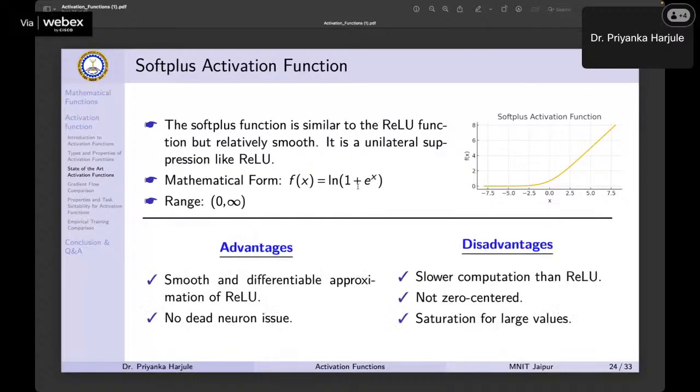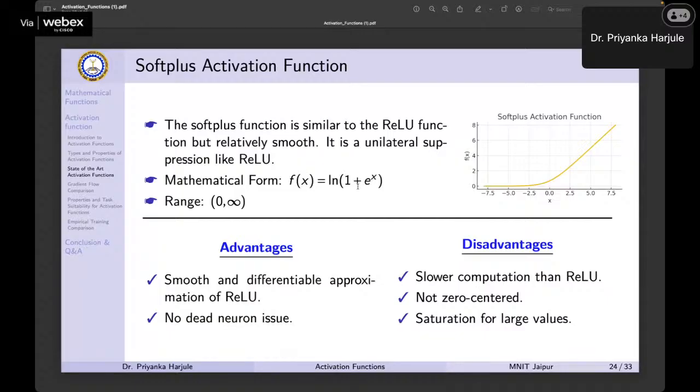The disadvantages here are slower computation because of the involvement of exponential and log in the definition. Both are expensive operations compared to ReLU's simple comparison. So training can be slower, especially if you are using a large scale network.